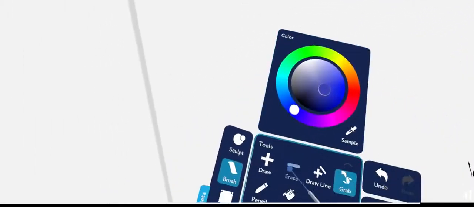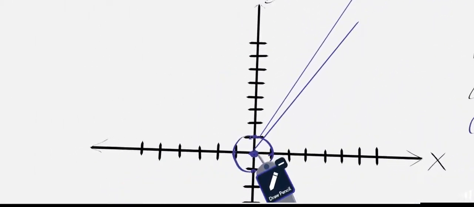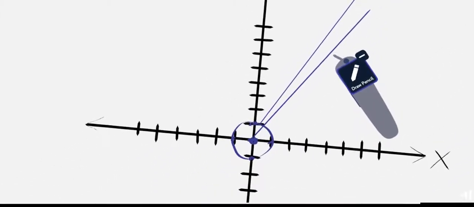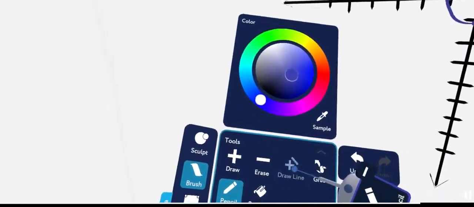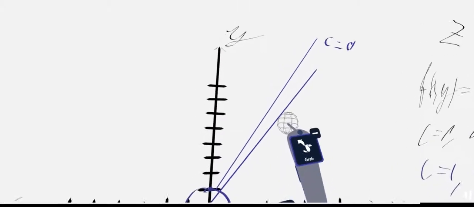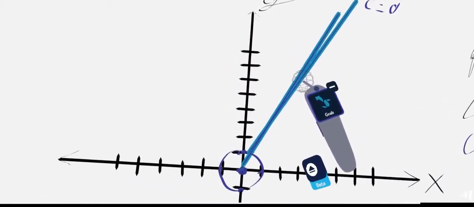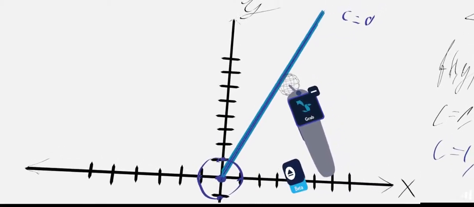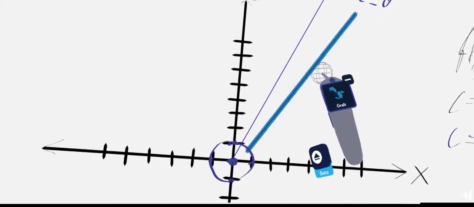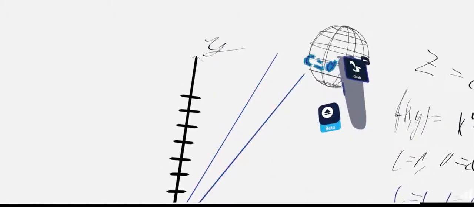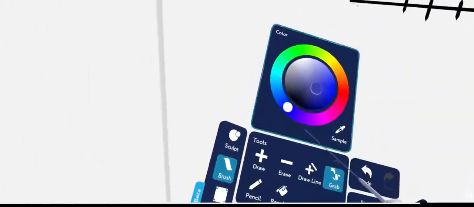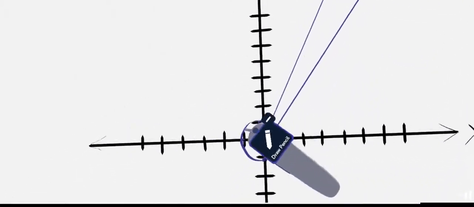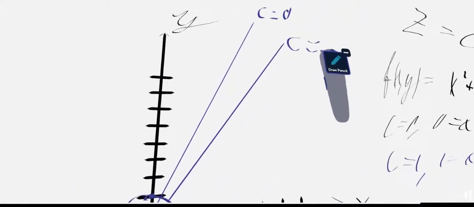I messed it up again. Alright, so this one is supposed to be C0, and this one is supposed to be C1. They're two different lengths. Okay. So C equals 0 is supposed to be the origin, and this first radius is C equals 1.